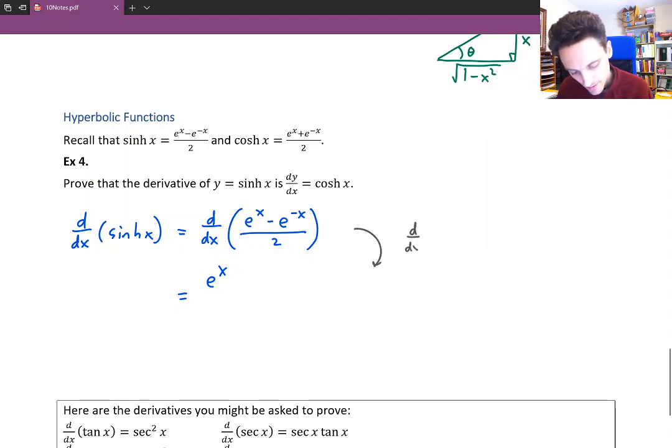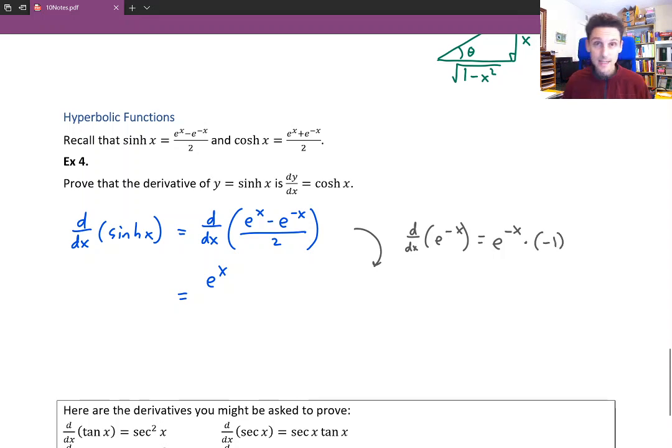The derivative of e to the negative x is going to involve a chain rule, right? We have a negative x function inside of the exponential function. So there we take the derivative of the outer function, which is itself, leaving the inside alone, and then multiply by the derivative of the inner function, which is negative 1.